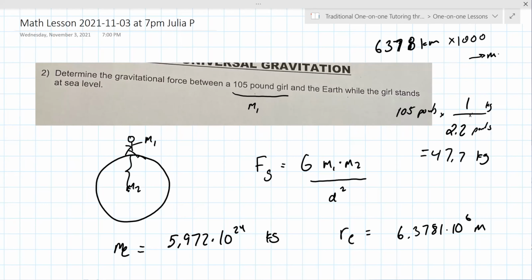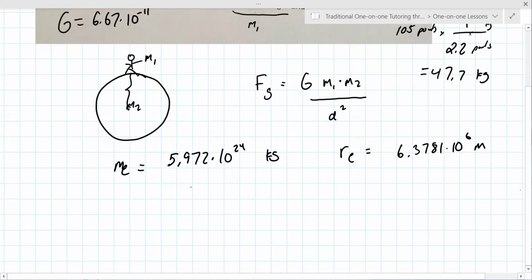All right, so now you've got everything you need. You've got G, which is a given. It's 6.67 times 10 to the minus 11. Right, we've got everything. So for FG, you have to get all these numbers.